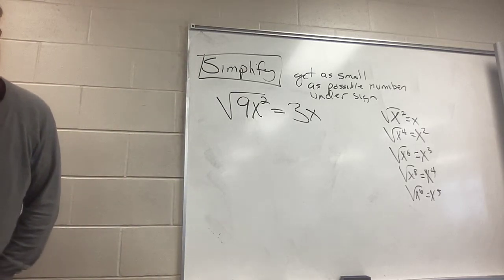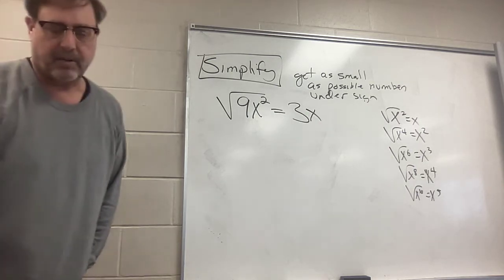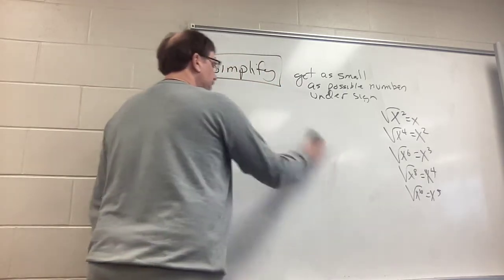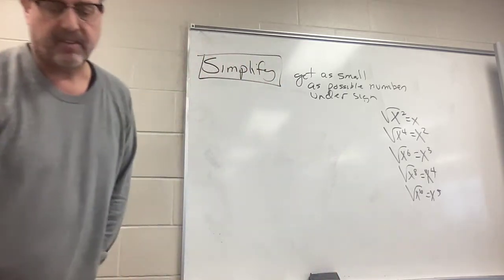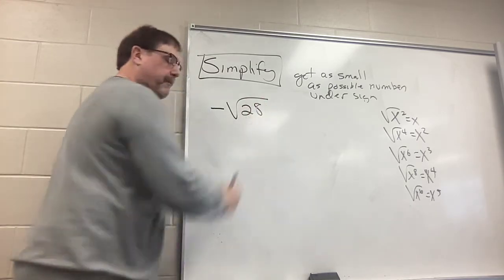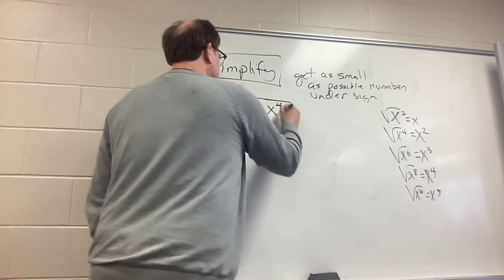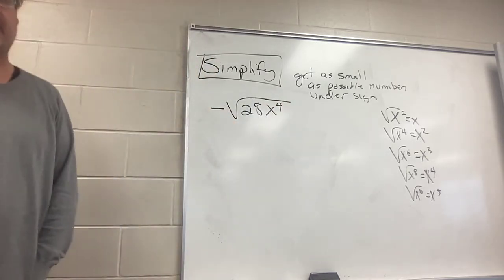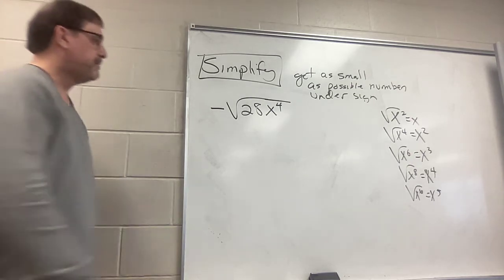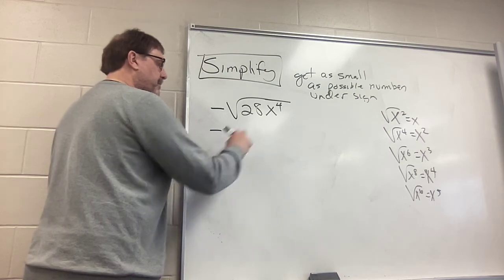All right, let me try letter E. And letter E says the following. That negative is just going to hang around. All right, I'm going to do this in separate parts.